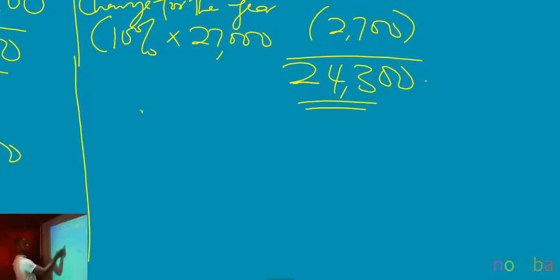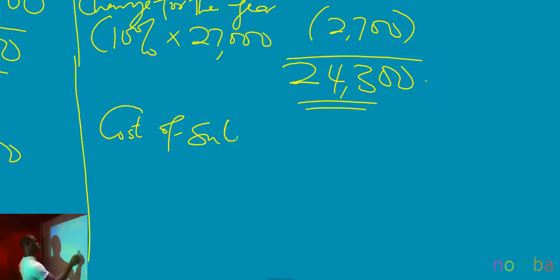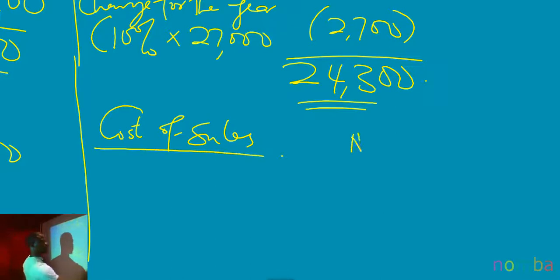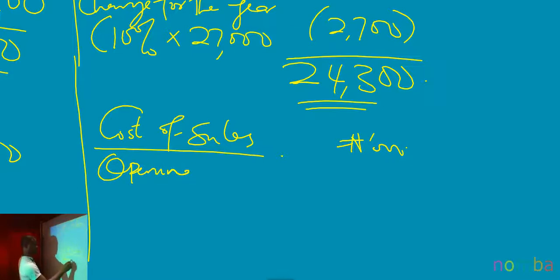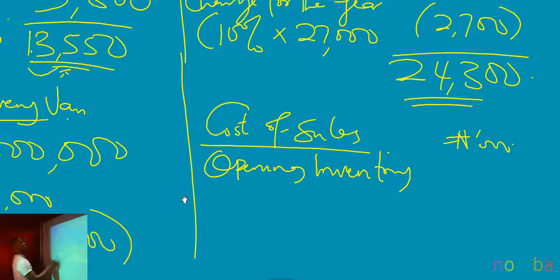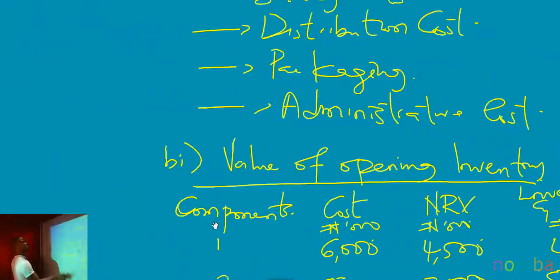So let me determine my cost of sales. And my cost of sales is my opening inventory. What is my opening inventory?